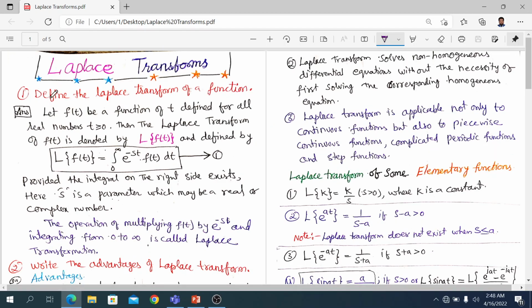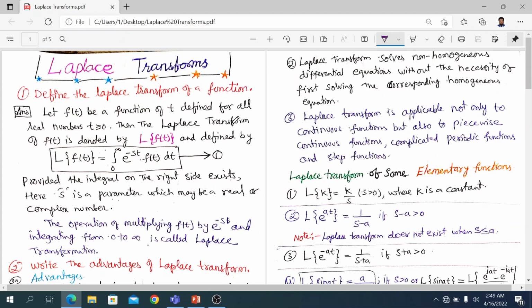So first of all, define the Laplace transform of a function. The answer will be: let f of t be a function of t defined for all real numbers t greater than or equal to 0.